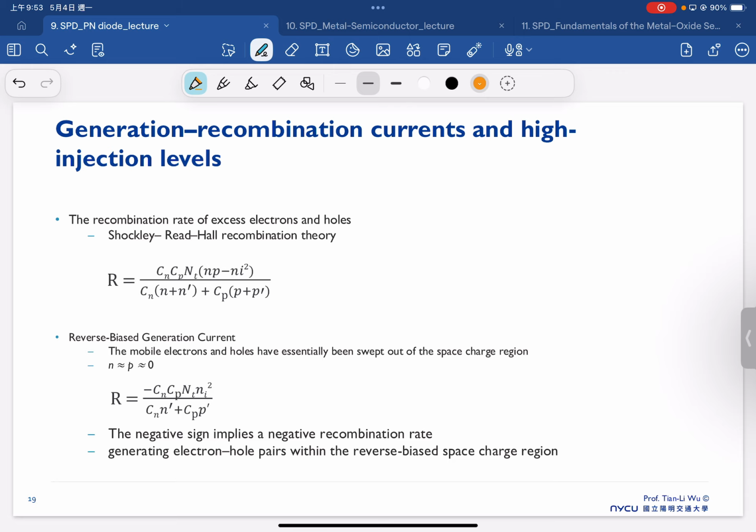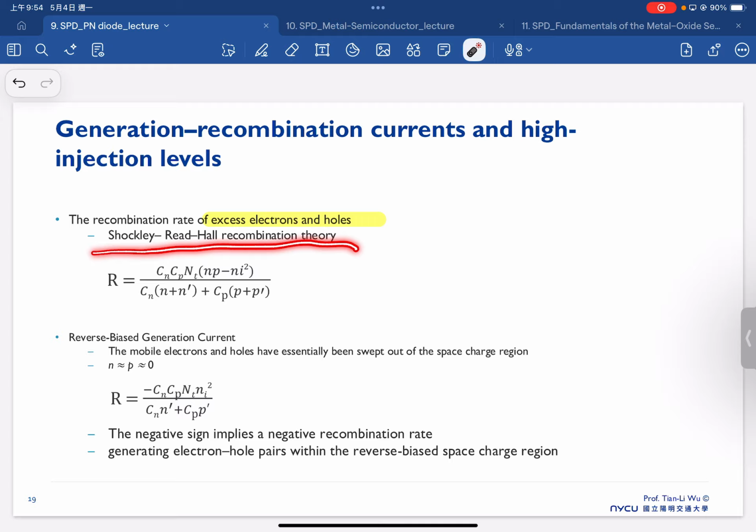We only talked about the low level injection, but in reality, there is a chance to have recombination because we have these excess electrons and holes, and then the excess electrons and holes will have the chance to recombine, and therefore we have to take this recombination into account, where we can consider this very classical Shockley-Read-Hall recombination theory, which can be shown here, and therefore we can start to have this reverse bias generation current.